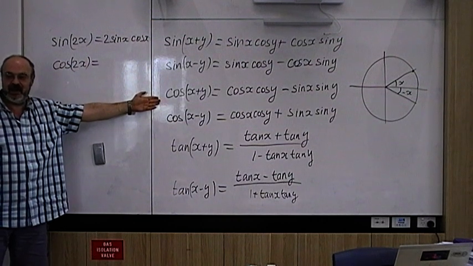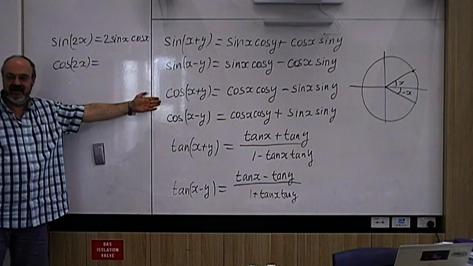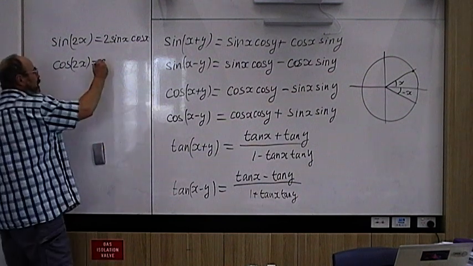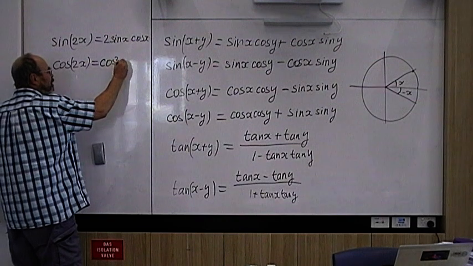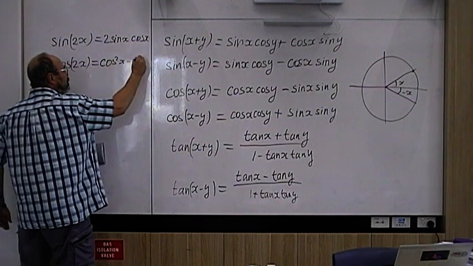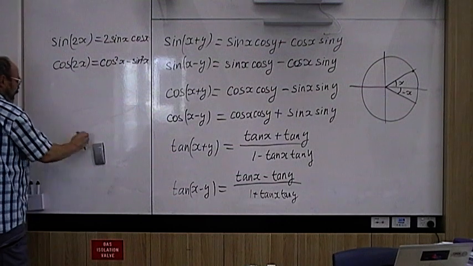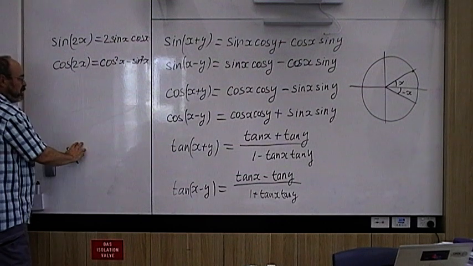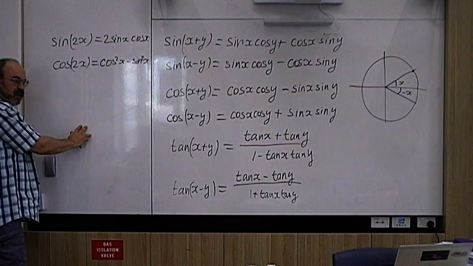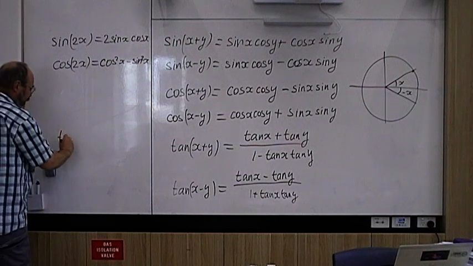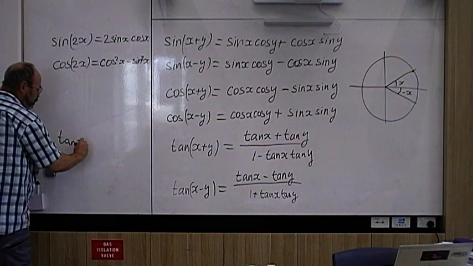Now what will cos 2x equal? Take y equals x. Cos squared x minus sine squared x. And what will tan 2x equal?